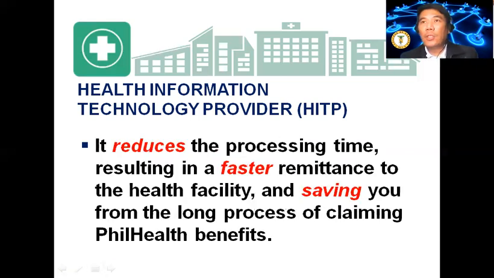The health information technology provider is considered a very friendly system that reduces the processing time. To what extent? The client may not anymore verify physically and proceed to the PhilHealth offices and agencies just to verify the contributions and e-claims of the client, which are being processed by the relative.